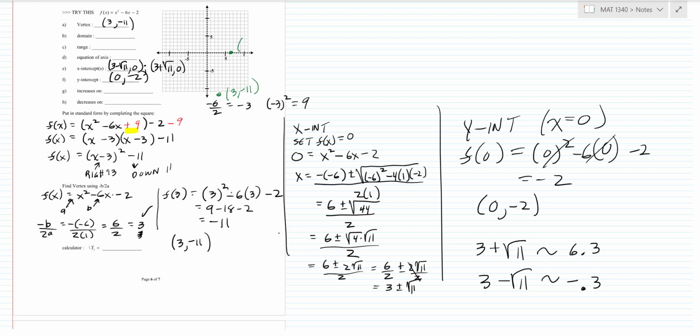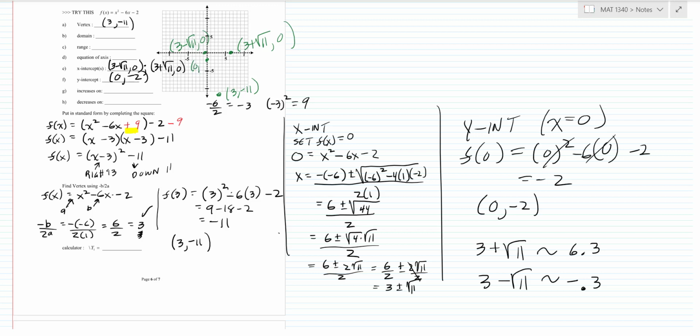And I would write that on my paper as 3 plus root 11, 0 like that. If you didn't write it that way, you should. The other one would be negative 0.3, so it's over here. And I would write that one as 3 minus square root of 11, 0 like that. Okay, the other thing we got was the y-intercept was 0, negative 2.